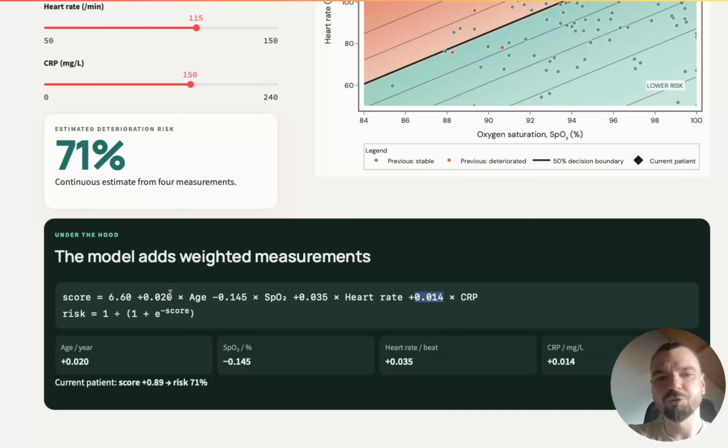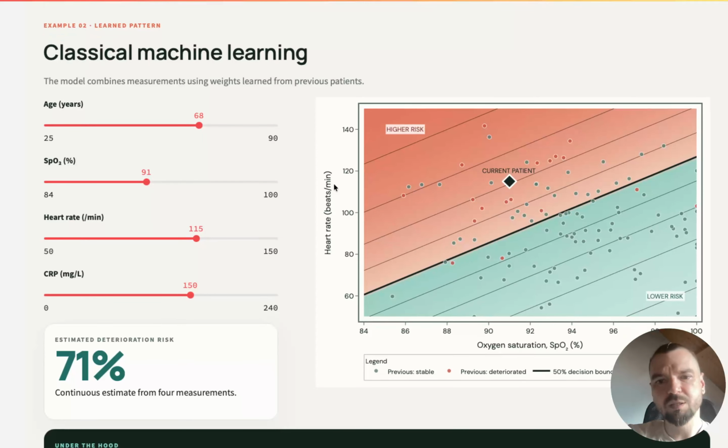During training, the model fits these weights in a way that it will make fewer errors on retrospective data. So the model saw 1000 patients. Some of them deteriorated within 6 hours, some of them did not.